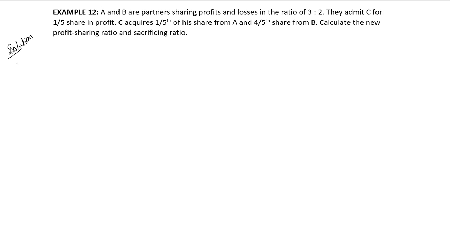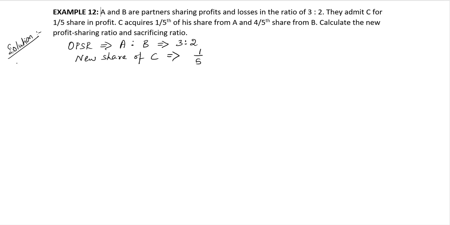Solution. Old profit sharing ratio between A and B is given in the problem as 3 is to 2. The new share of the new partner C is given as 1/5.